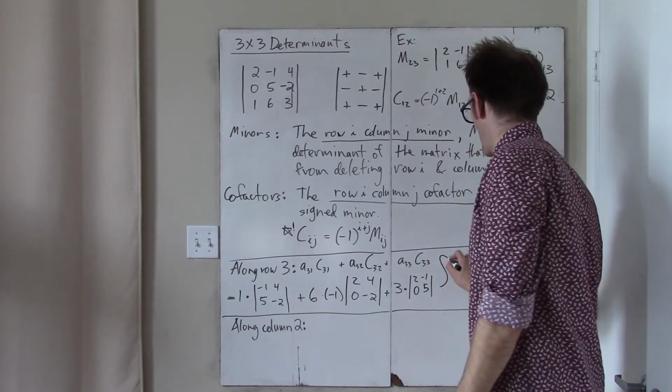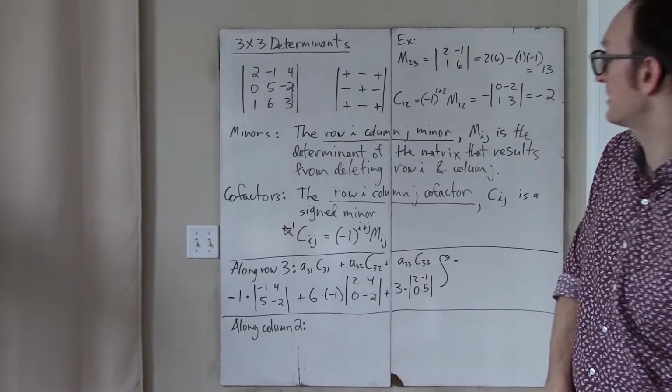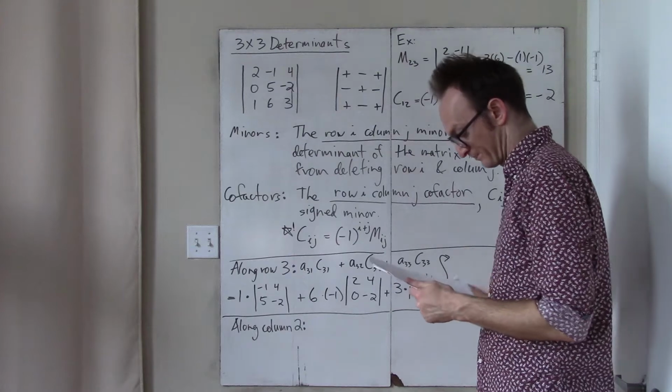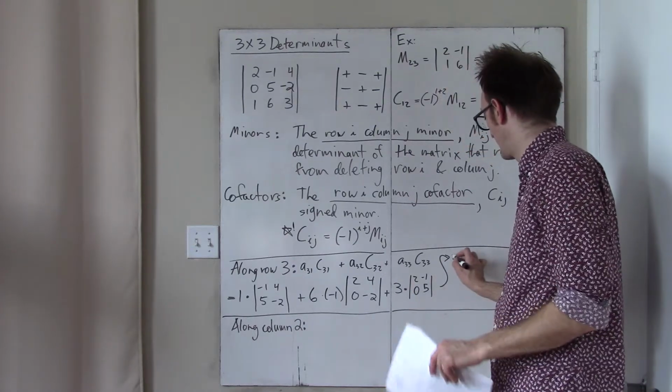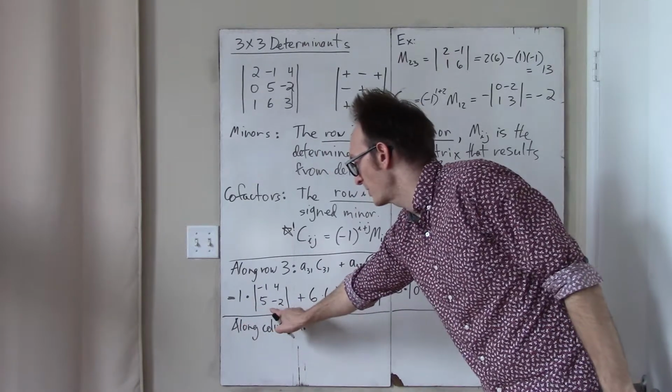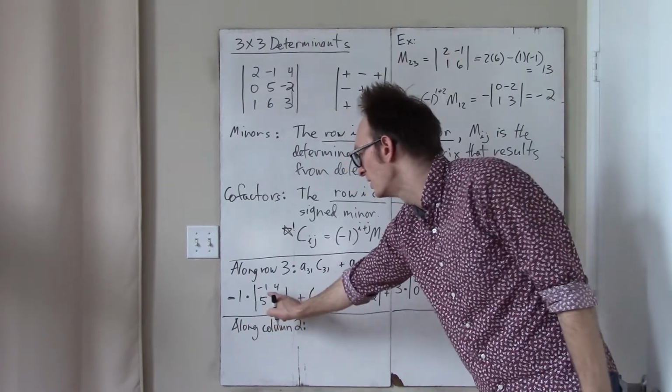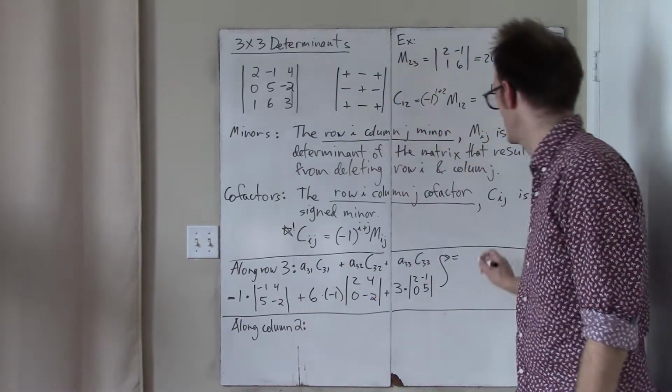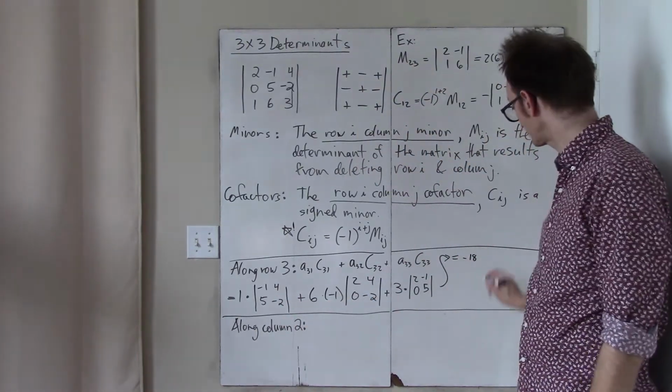Okay, and now I'm just going to crank all this out. I'll just sort of be careful here. So what do I get? I get 1 times, what is this determinant? I'm going to do this in my head because I'm a professional. That's 2 minus 20, so that's -18.